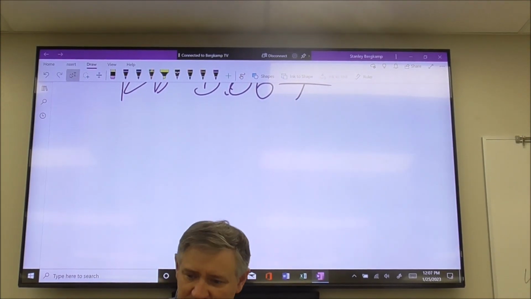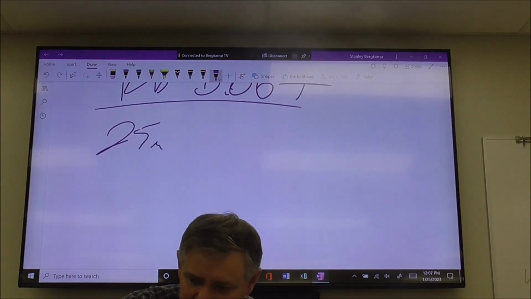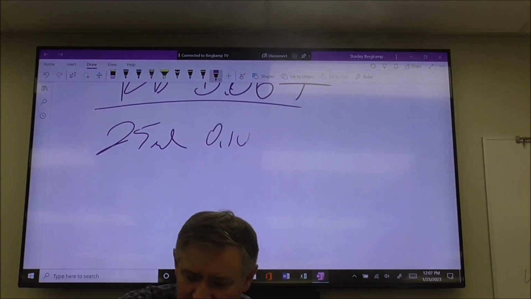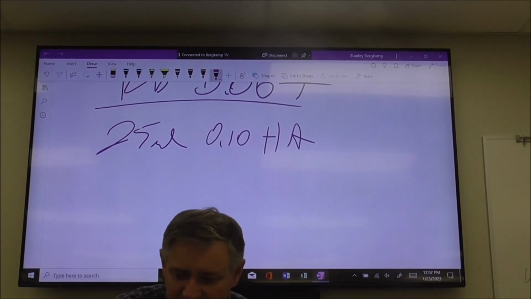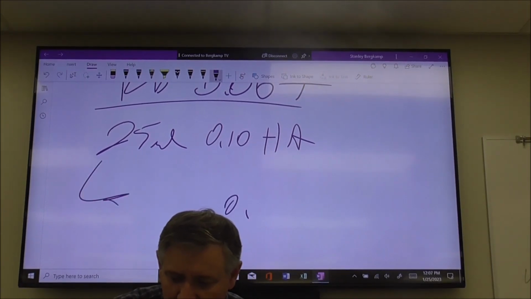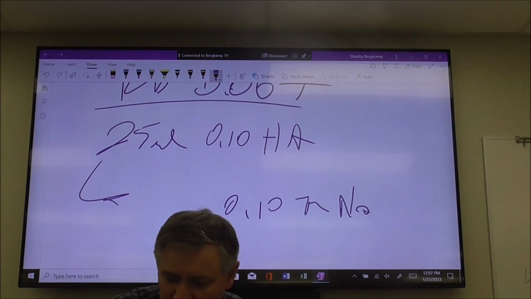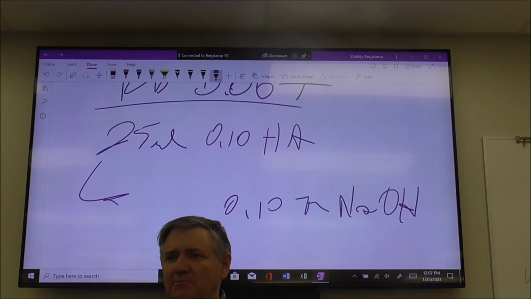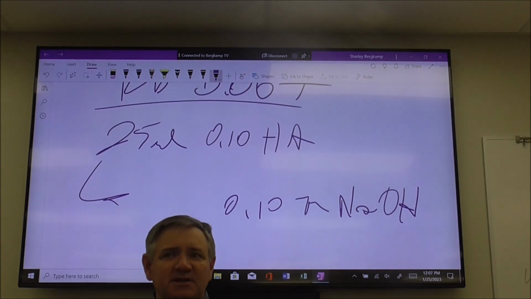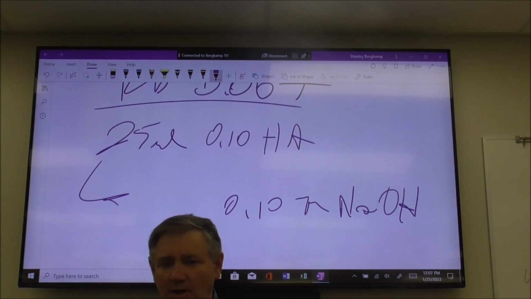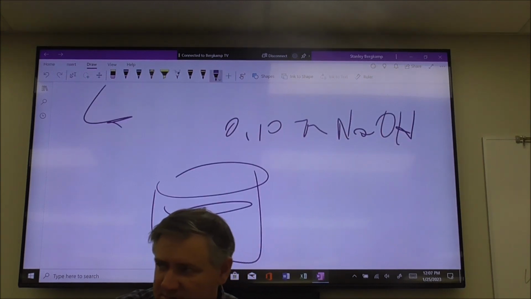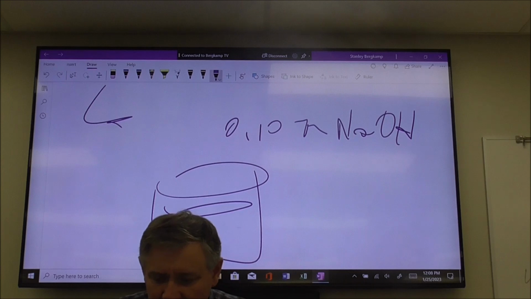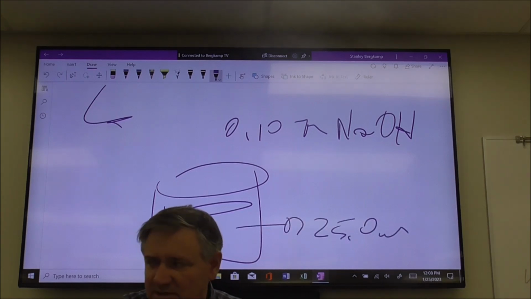You have equal volumes, so approximately how much sodium hydroxide are you going to need to reach the equivalence point? About 25. So in your beaker, use those volumetric pipettes to measure out exactly 25 milliliters of your acetic acid.